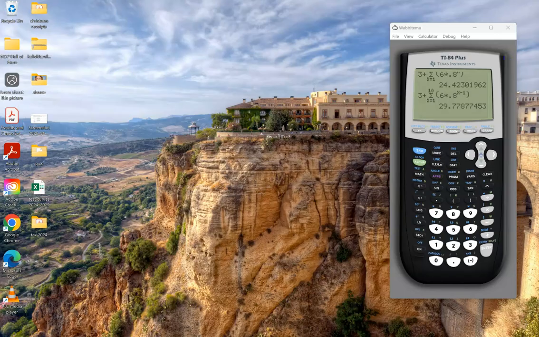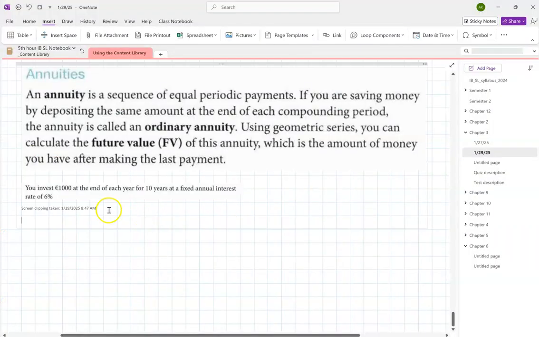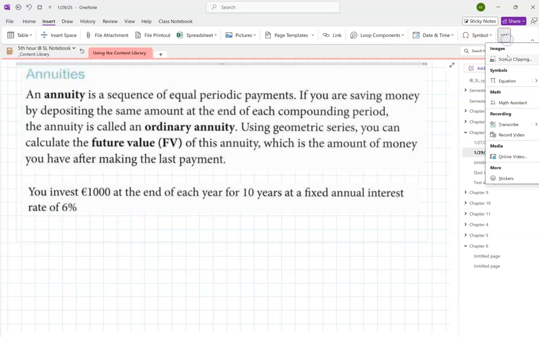So just as a quick example, if you invest like 1,000 euros, I think that's the symbol for euros, at the end of each year for 10 years at a fixed interest rate of 6%, what are we really doing?